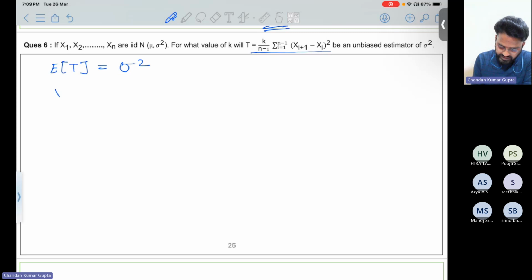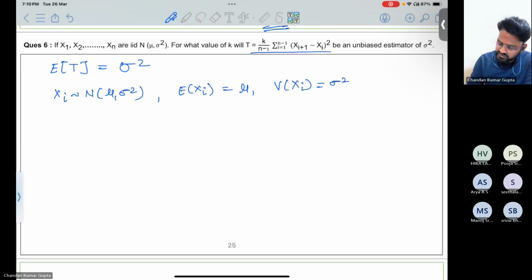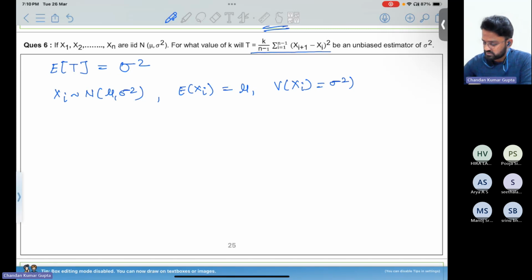Here we are given that xi follows IID normal mu sigma square. That means the expectation of xi, or x1 or x2, is mu, and the variance of xi is sigma square.